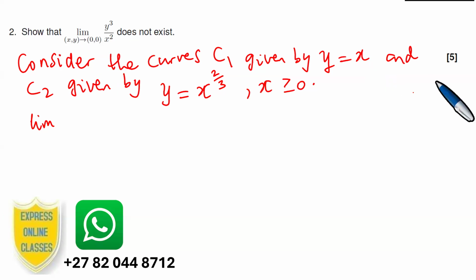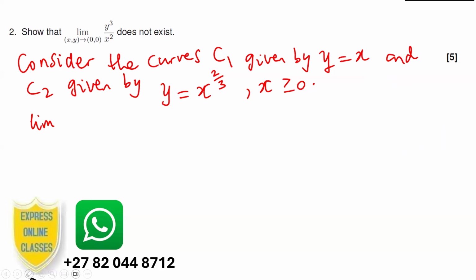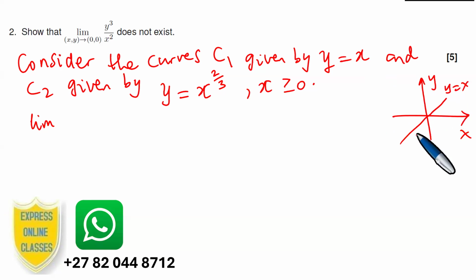If this is our Cartesian plane, with this our y and this our x, the line y equals x passes through the origin. And therefore it is said to be a relevant curve.